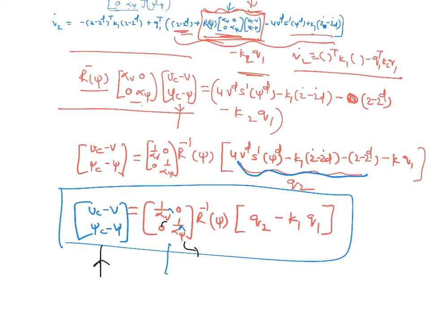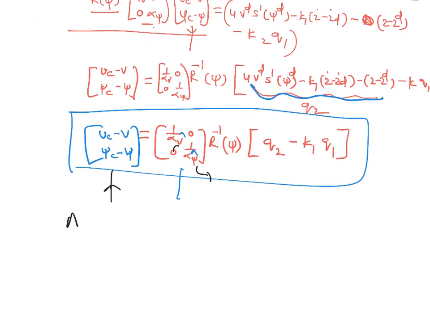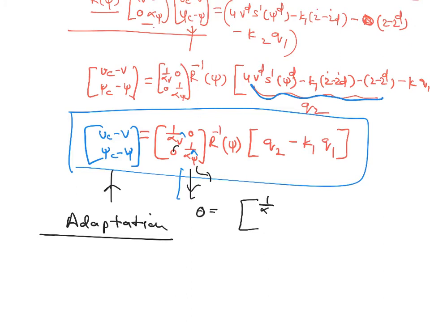Okay, so let me just rewrite this thing. Now we are at the phase where we have to do adaptation, right? Adaptation is what we need to do. So we can define theta equals 1 over alpha v, 0, 0, 1 over alpha psi.